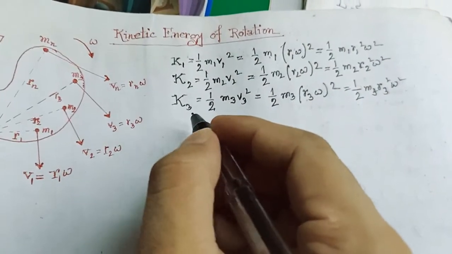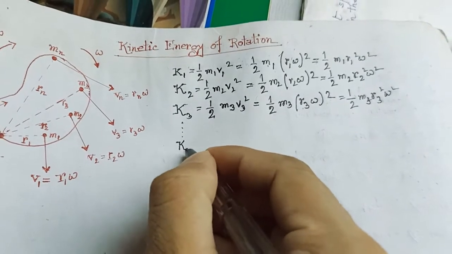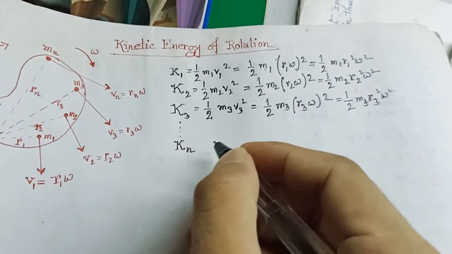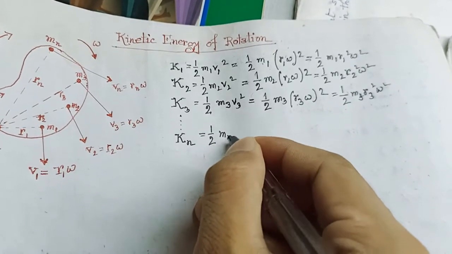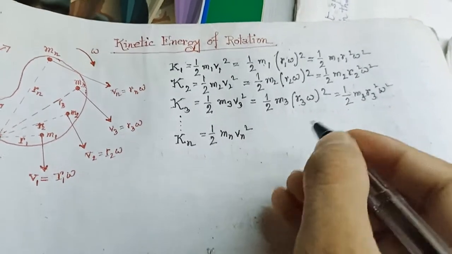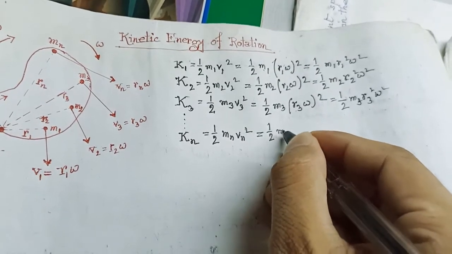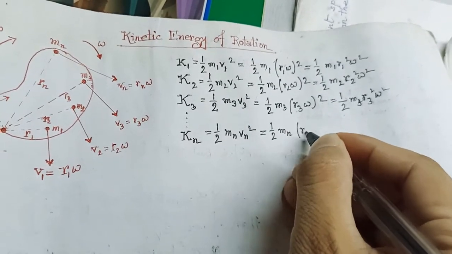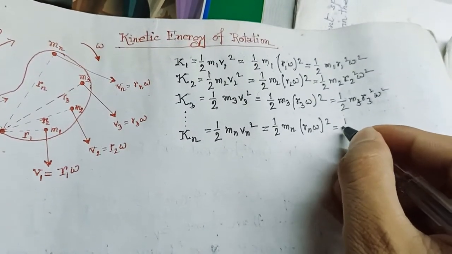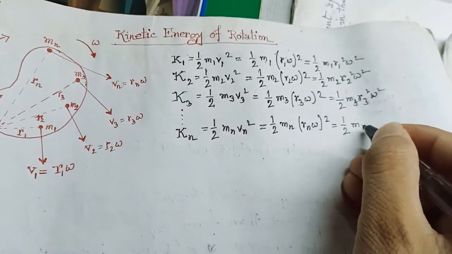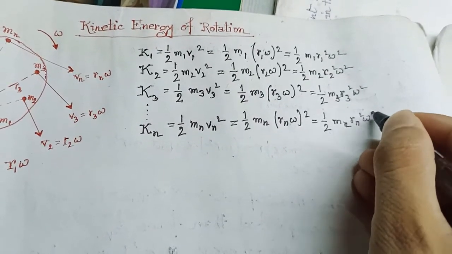If we proceed in a similar fashion, the kinetic energy of the nth particle kn will be equal to half mn vn square, which equals half mn rn omega whole square, which equals half mn rn square omega square.